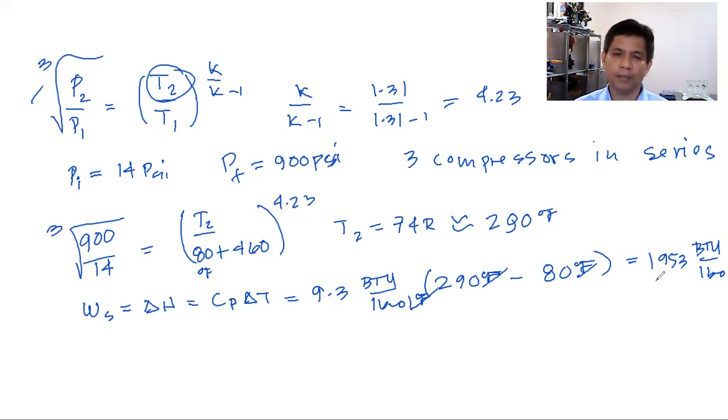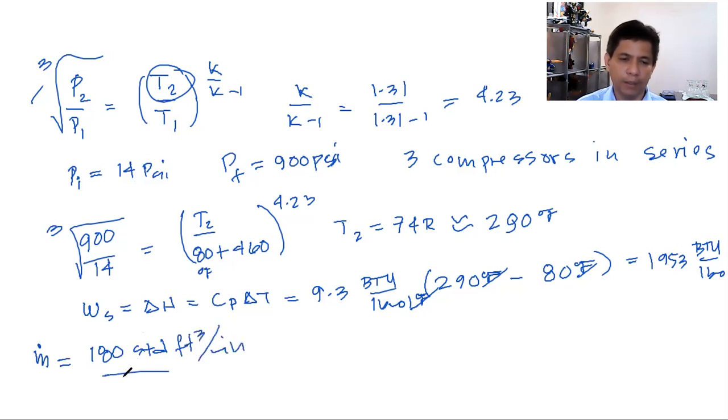So after finding this, all you need to do is calculate the m dot, the mass flow rate. So in finding m dot, let's start with 180 standard cubic feet per minute.